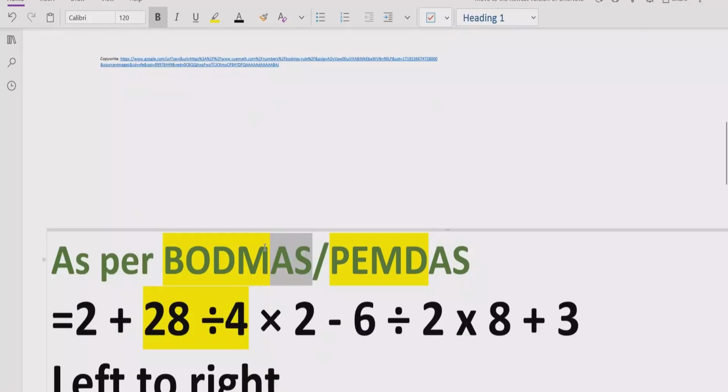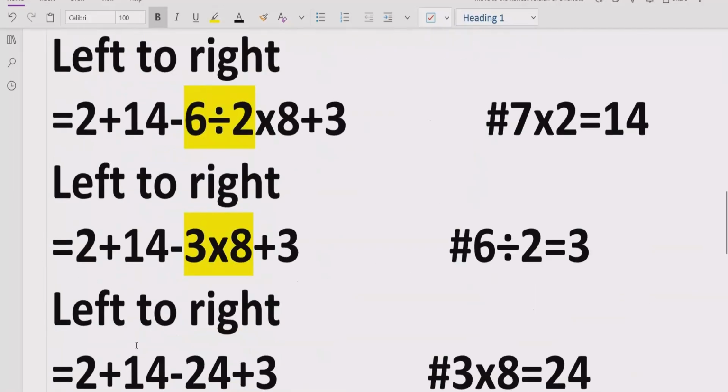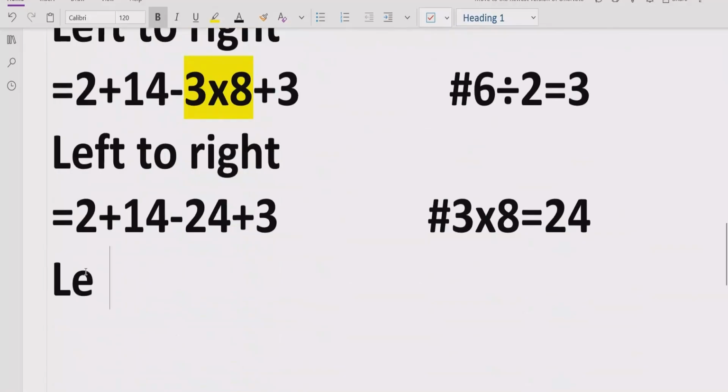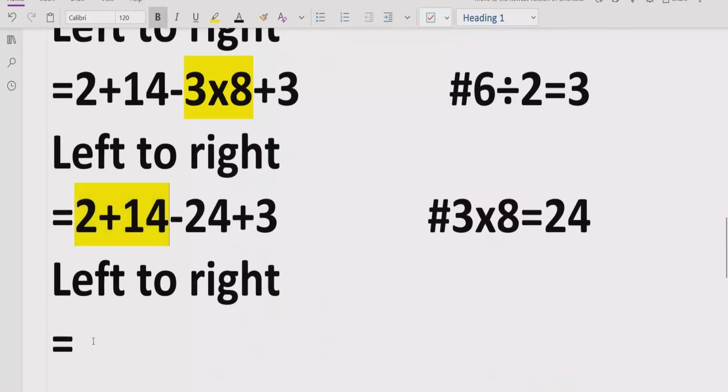Now this time we have to solve the addition and subtraction, or you can say subtraction and addition. So what we have to do, we have to go left to right in this expression and find out which is coming first. So now we have 2 plus 14. It becomes 16 minus 24 plus 3.